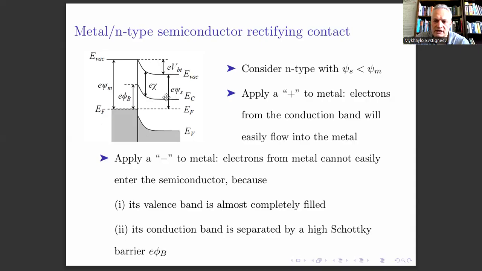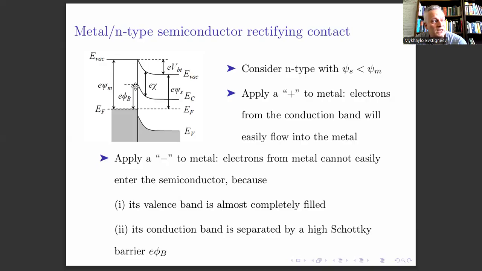Those electrons, the conduction electrons, they exist at the bottom of the conduction band. In order to make it into the metal, they need to overcome this energy barrier right here in the diagram. The energy barrier emerges due to the band bending, and when you apply a positive bias to the metal, you are reducing the height of this energy barrier.